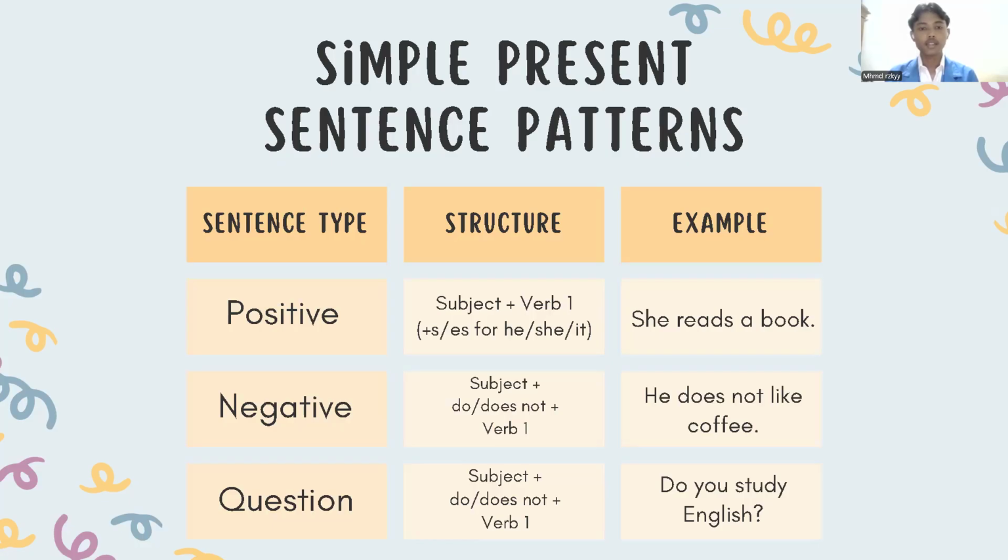For negative sentences, the structure is subject plus do or does not plus verb 1. Example, he does not like coffee. For questions, the structure is do or does plus subject plus verb 1. Example, do you study English?